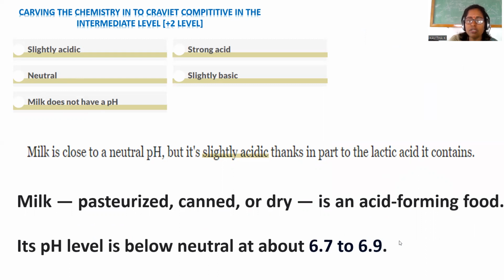This is almost near 7, which is neutral, but less than 7, that's the reason why we can say slightly acidic is the relevant answer. So milk can be stored for a longer time by pasteurization, and can be stored in cans and even under dry conditions, and it is regarded as slightly acidic in nature due to the presence of lactic acid.